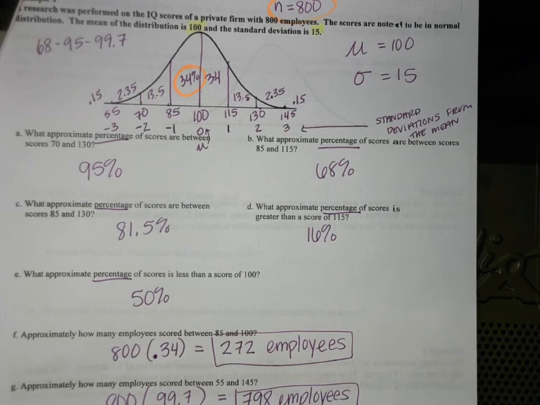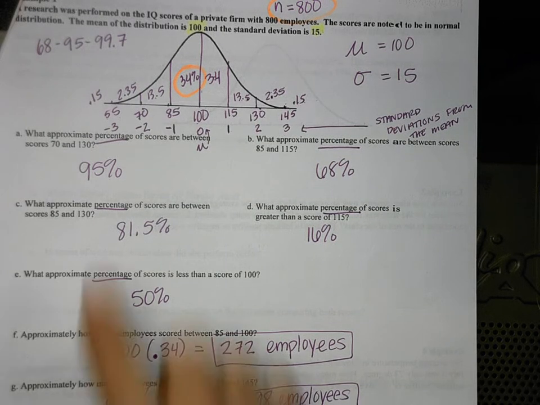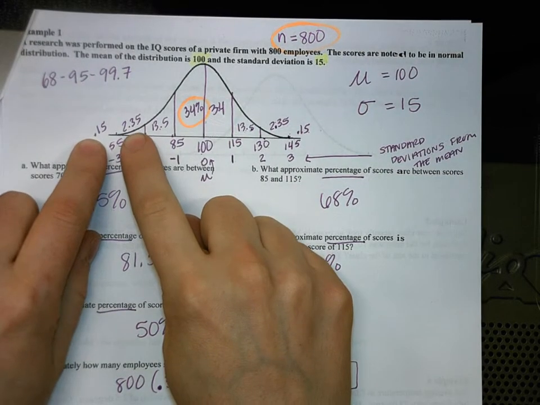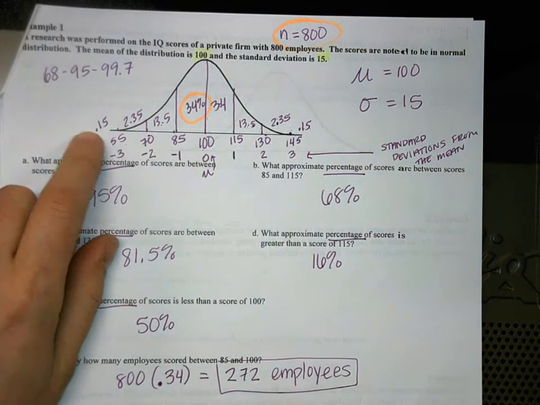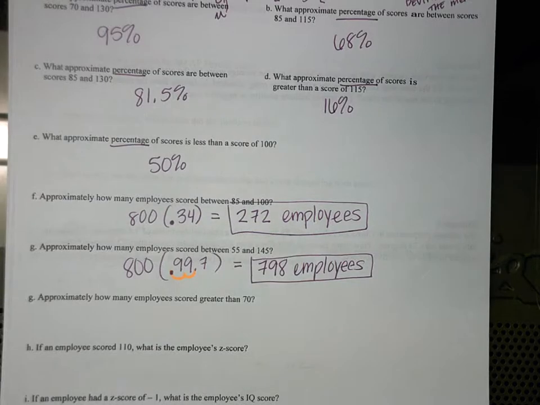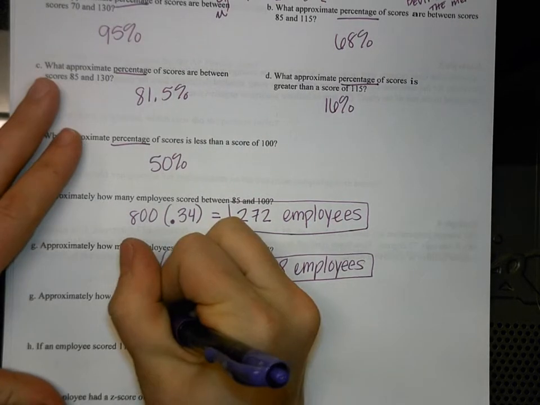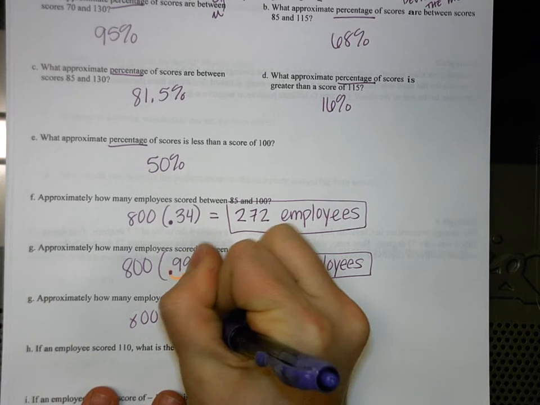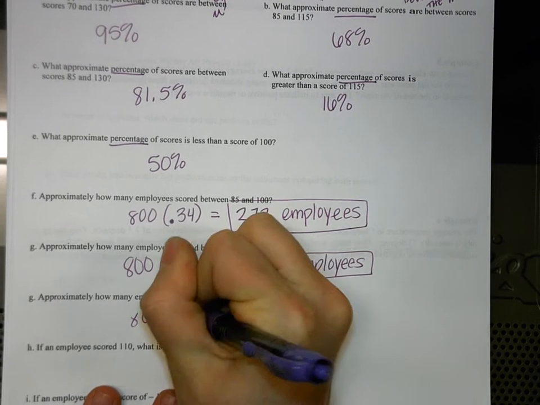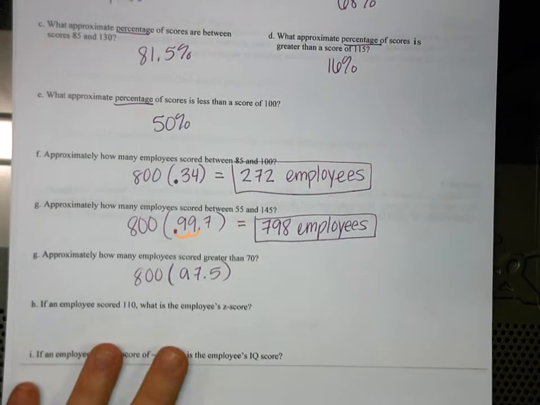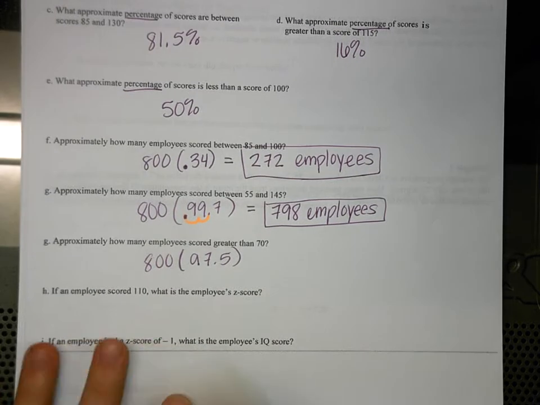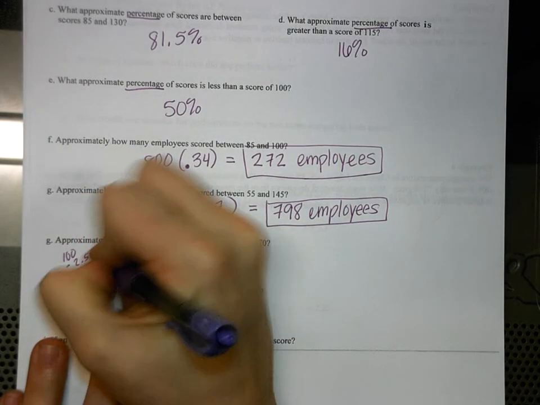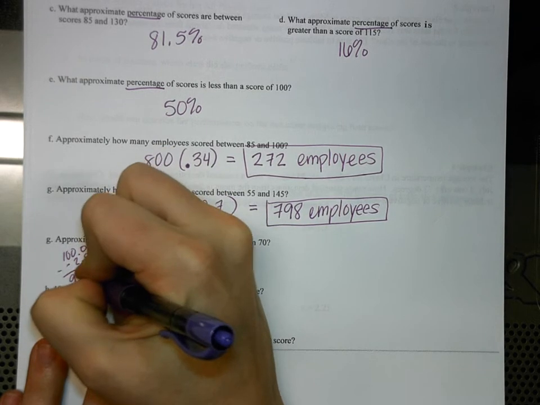Everything but 2.5, because these two add up to 2.5. So 2.5 subtracted from 100% would be 97.5. If you want to do that on the side, you can do 100 minus 2.5, and you get 97.5.